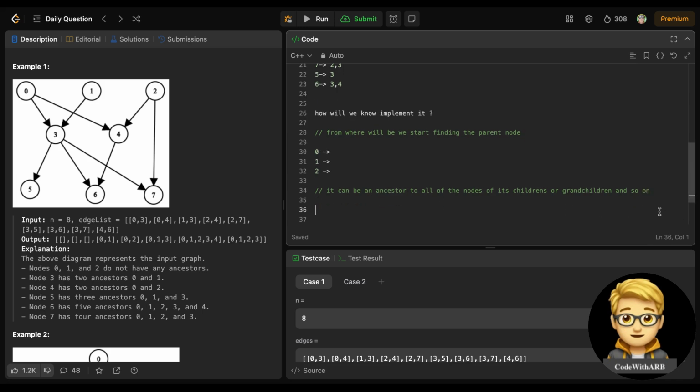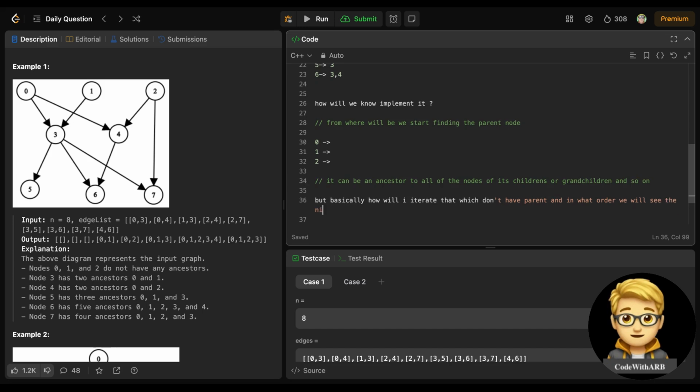But basically, how will I iterate? How will I know which nodes don't have a parent, and in what order we will see the nodes?